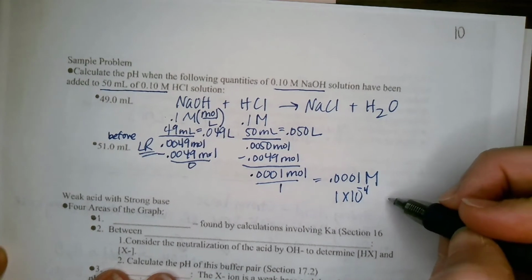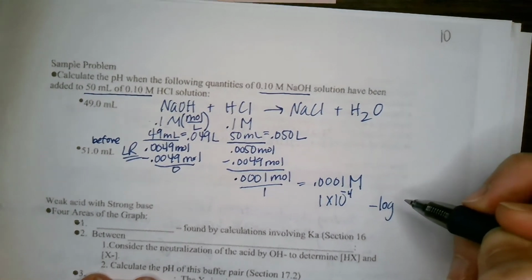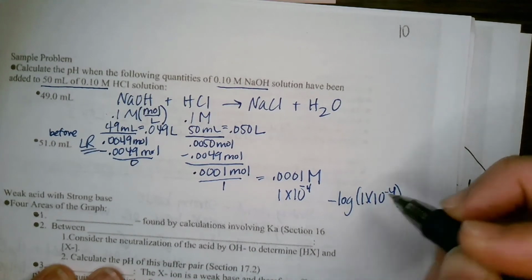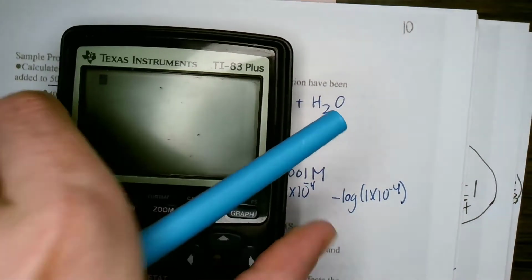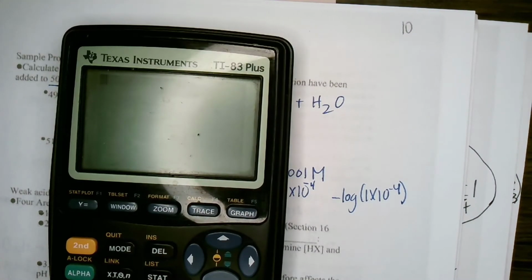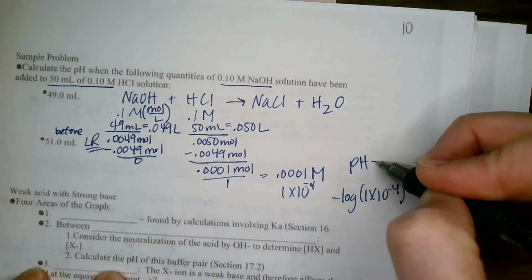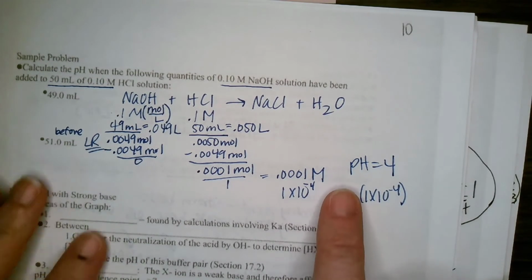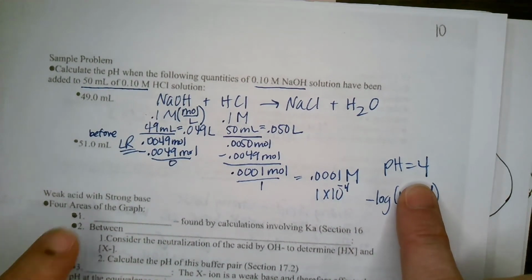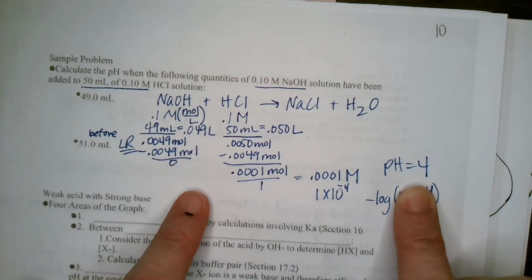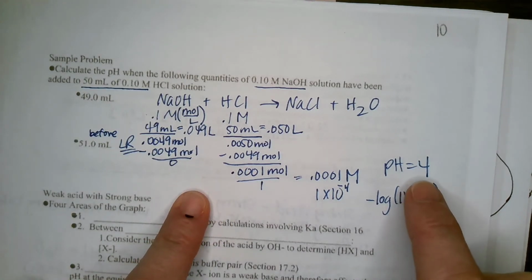So I can simply do the negative log of 1 times 10 to the negative 4 to get a pH of 4. And that's what we were thinking: because we had less NaOH, we would have a low pH.